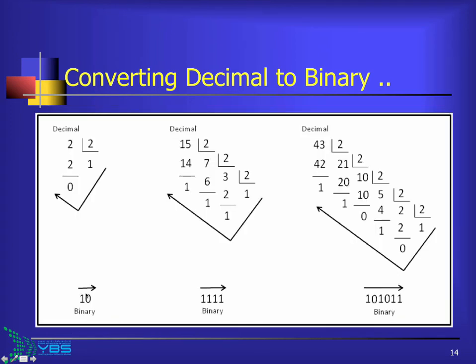And this is the other way we can do it. How are we going to convert decimal to binary? Ladies and gentlemen, imagine starting from the left part. If you have the number 2 and you divide by 2, the remainder is 0. And how are you going to do it?